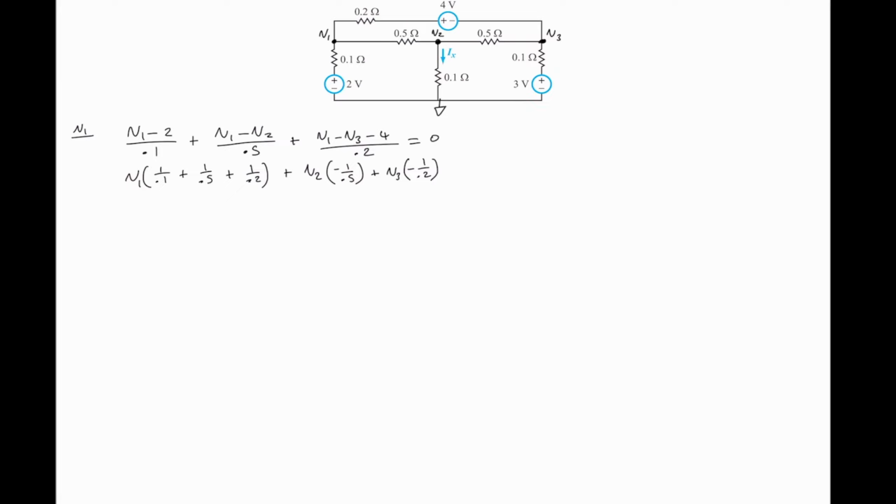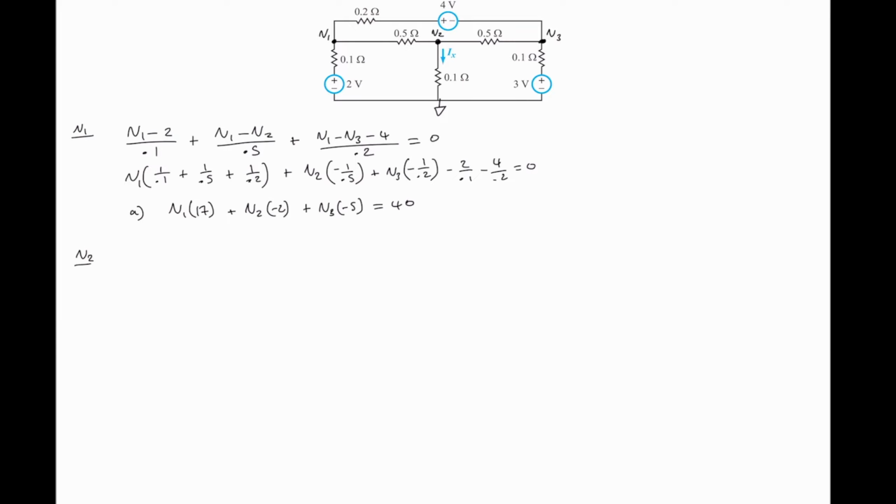Pulling out the constants, we see a negative 2 over 0.1 and a negative 4 over 0.2, and that is equal to 0. Simplification leads to V1 with a constant of 17, V2 with a negative 2, plus V3 with a negative 5, and the constants simplify to negative 40. We move the 40 to the right-hand side. Let's call this equation A.